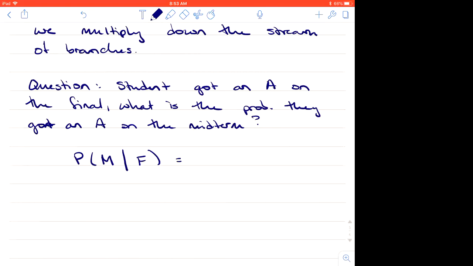Using our probability notation, we can reword this as the probability of M and F over the probability of F. We already know the probability of M and F, right?